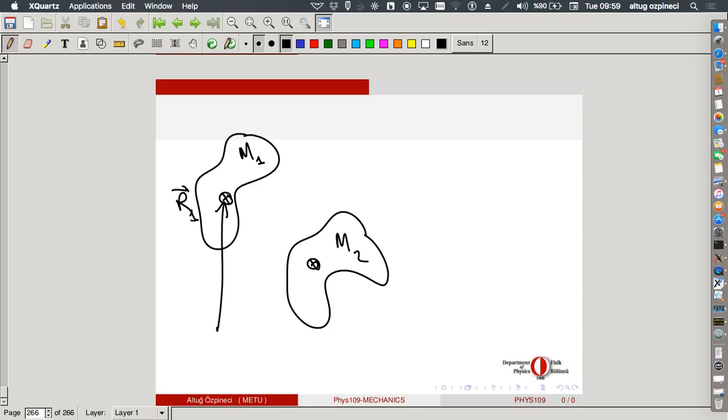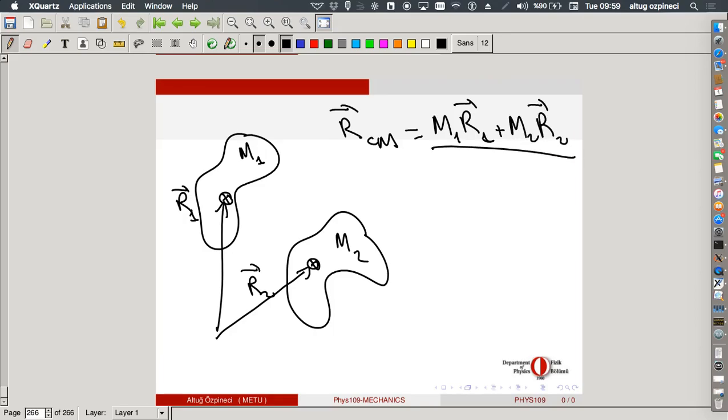R1 is the position of the center of mass of the first object. R2 is the position of the center of mass of the second object. Now what I will prove is that the center of mass of the whole system will be equal to m1 times R1 plus m2 times R2 divided by m1 plus m2.